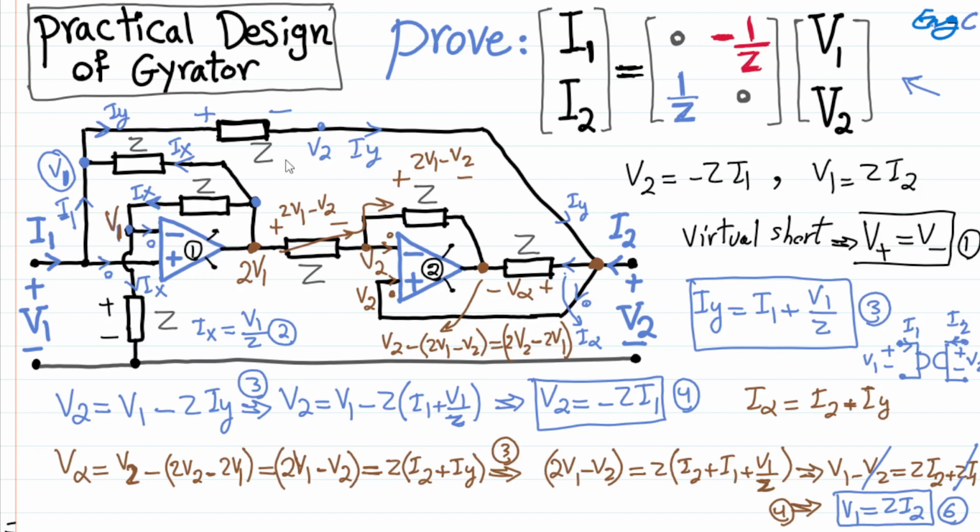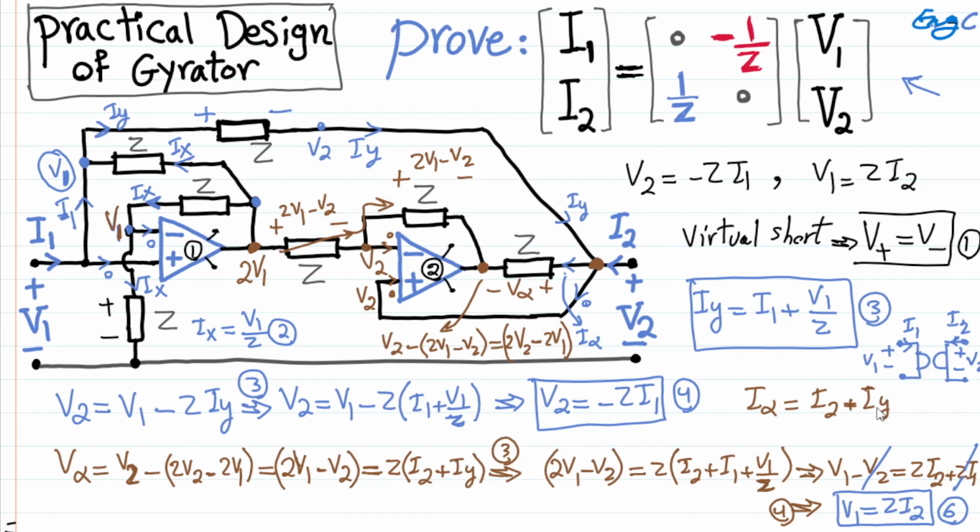In one simple realization, we can substitute all Z values with simple R. In that case, the matrix becomes minus 1 over R and 1 over R, in which we refer to R or Z as the parameter of the gyration, or impedance of gyration, or resistance of gyration. And naturally, 1 over R or 1 over Z can be referred to as gyration conductance or admittance.